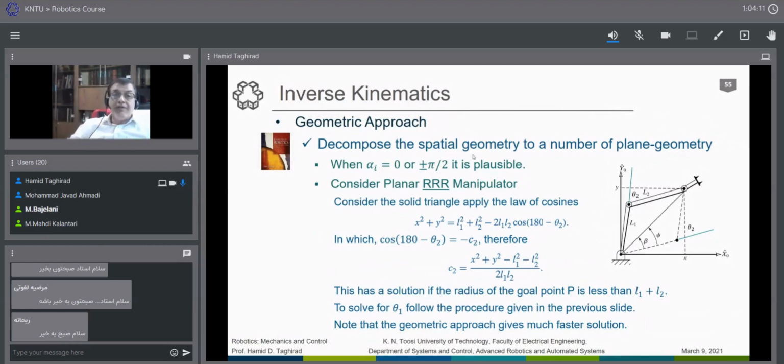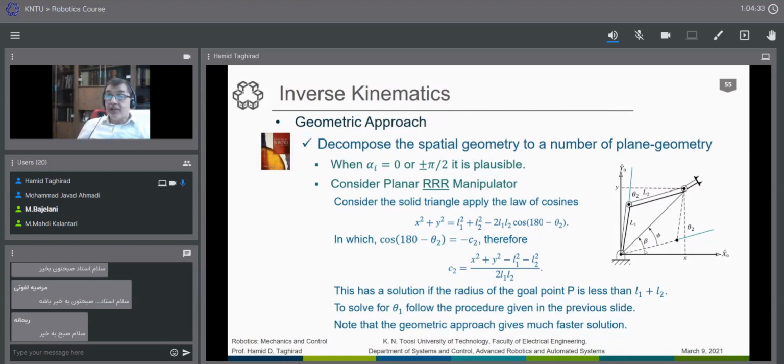The way we are doing it, we have a spatial kinematic problem. We can reduce this spatial transformation into a number of planar cases. We are working only on the 2R or 3R manipulator in a plane, but consider that this robot has a base that is also moving, and a wrist that is also moving.